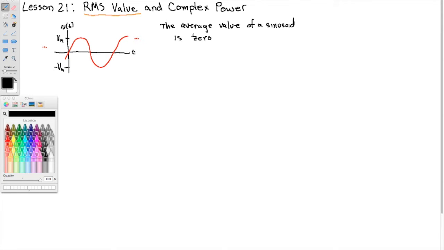Instead, if we want to talk about average, we might be interested in the average of this waveform in an absolute sense, meaning not taking into account the sign of this thing. So consider this to be Vm and also this point to be Vm. Then what would be the average value if you consider everything to be positive?